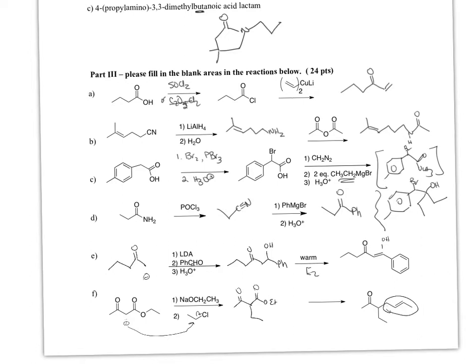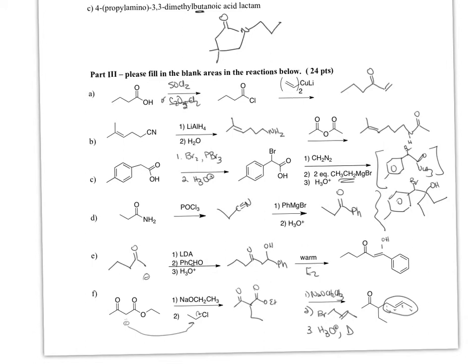Looks like I added 1, 2, 3, 4 carbons. So once again, treat it with one equivalent of the base. And then those 4 carbons. So I'll just do a bromine. Let's see. And then I got to work it up with acid and heat to do the decarboxylation.